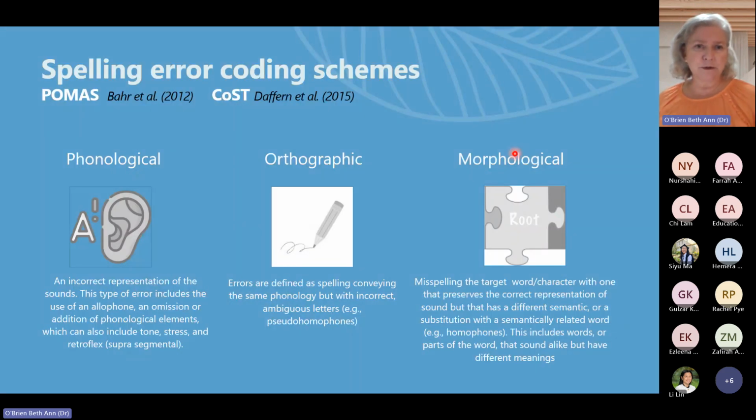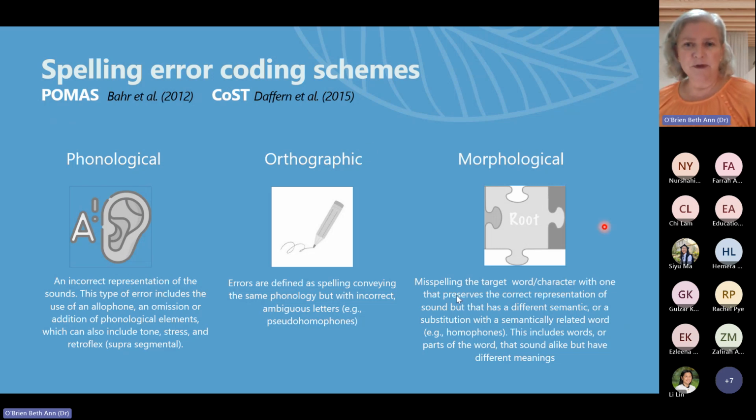So according to this triple code framework, Barr et al. developed a scheme for categorizing spelling errors according to the different codes called the POMAS scheme. And Daffern et al. developed actually an assessment called the COST, or the Components of Spelling Test.